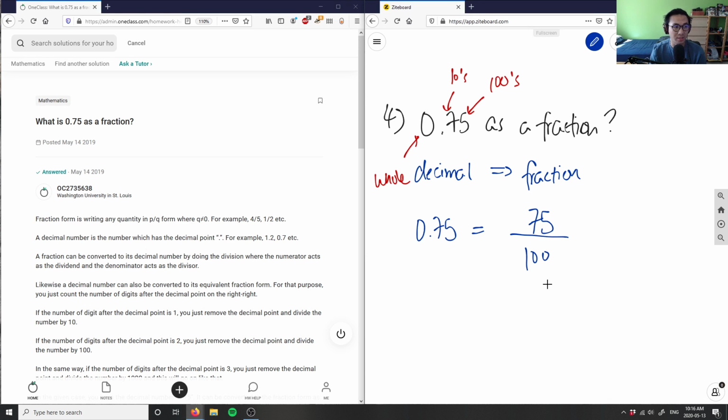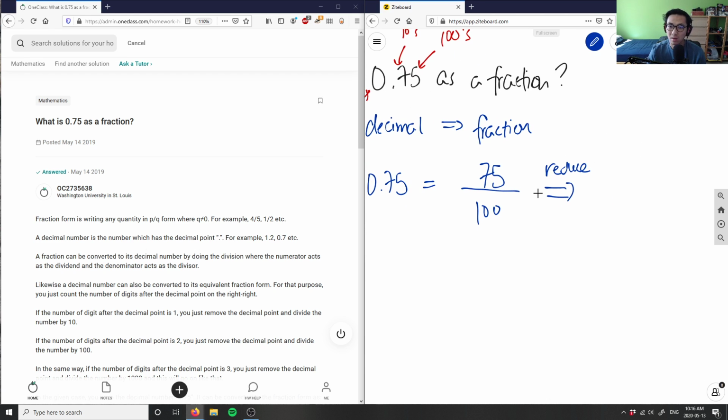And what we can do is reduce this to lowest terms, right? We're looking for a common factor between 75 and 100. I know that 25 is a greatest common factor because it goes into 75 and it also goes into 100.